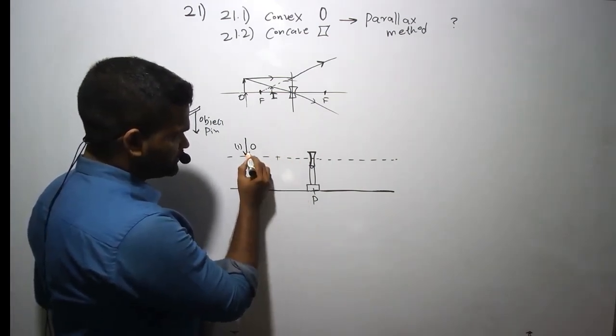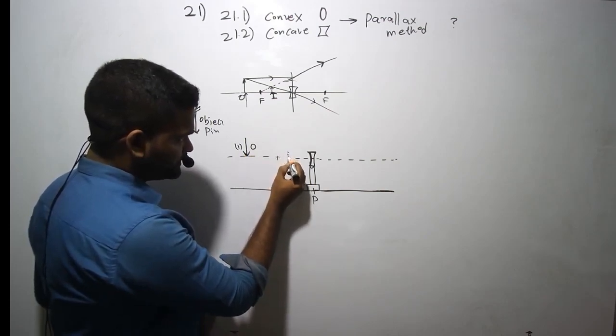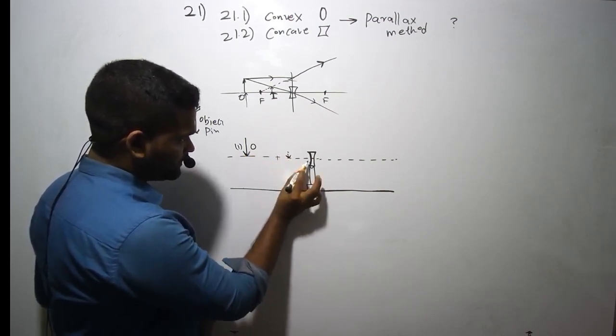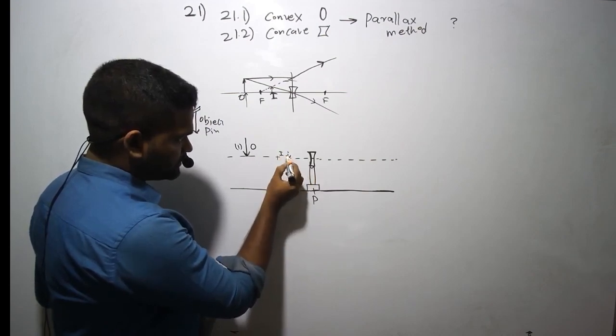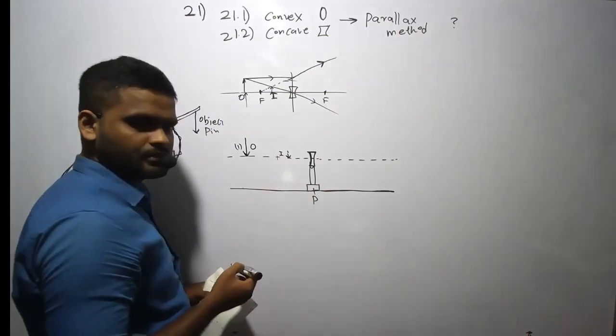A small image of this object is going to be formed between the focus and the lens. So we need to detect the position of this image.